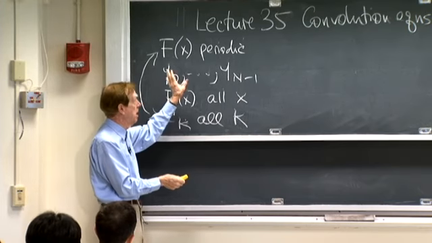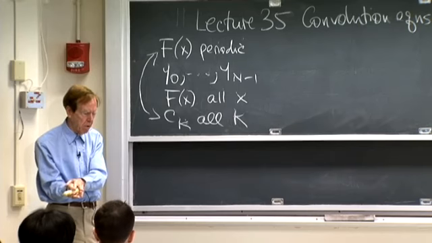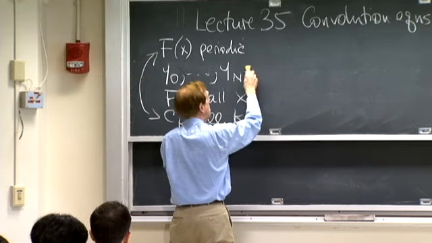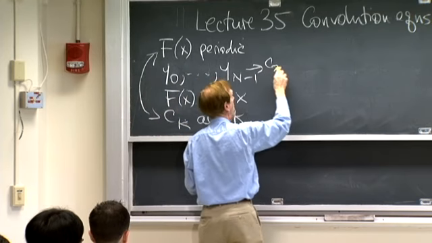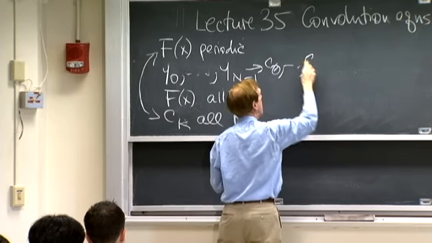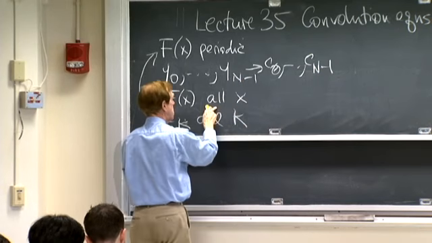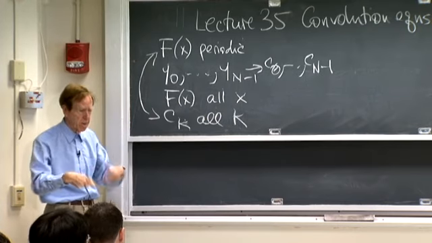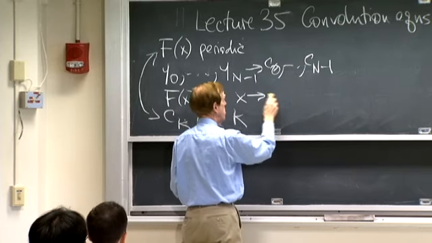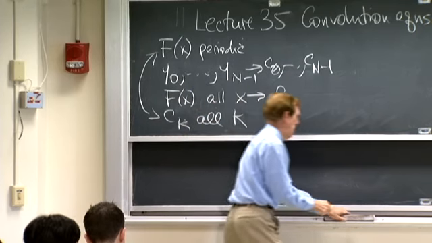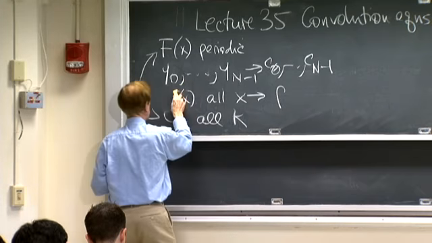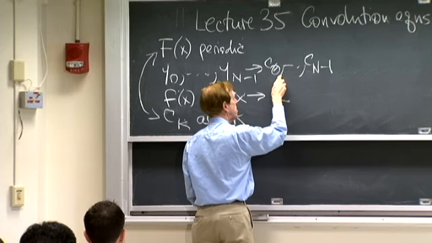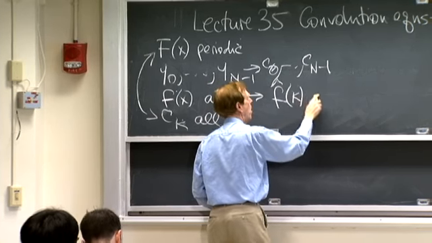We have n numbers in physical space and n numbers in frequency space, so those went to C0 up to Cn minus 1. And this, all x for the function, paired off with its Fourier transform, f hat of k, all k.